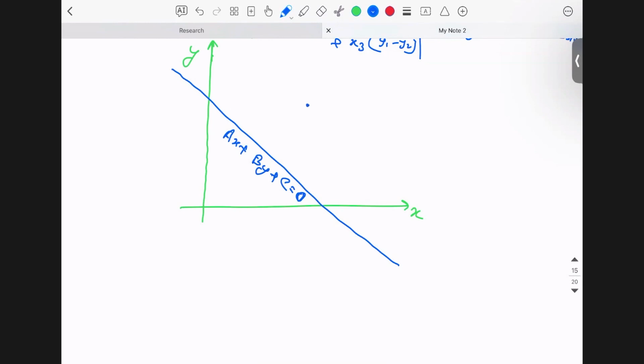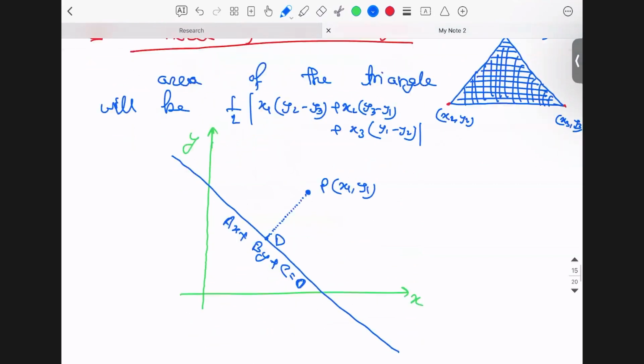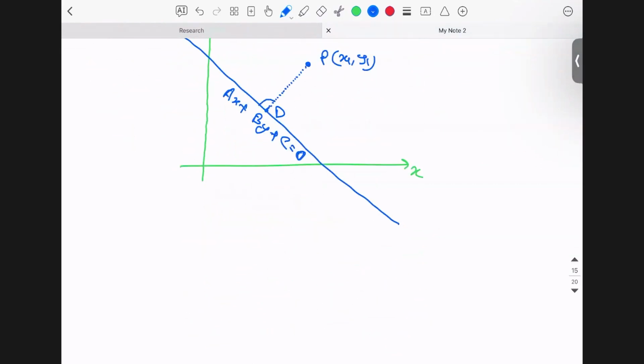We have a point here, and we need to find the perpendicular distance of this point to this straight line. If this point is P, with coordinates x1, y1, we need to find the distance PD. D may be the point of intersection. Obviously, this angle will be 90 degrees.